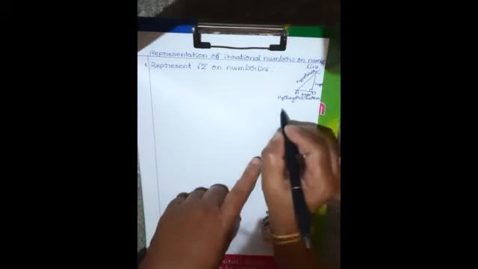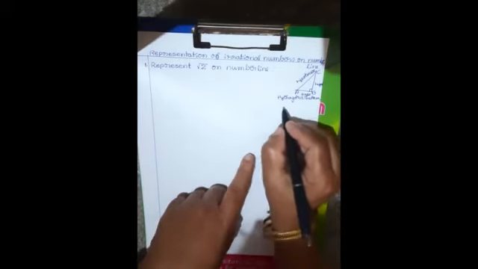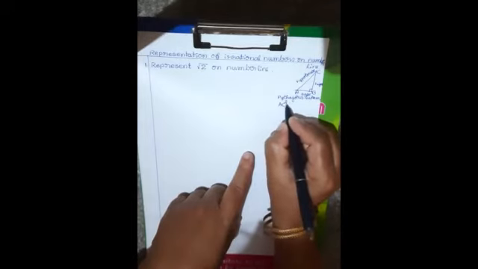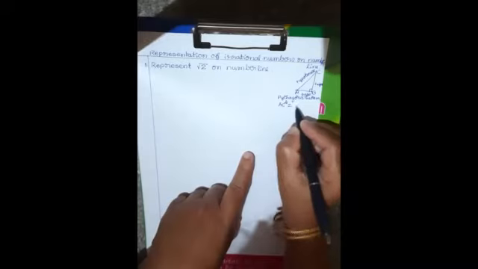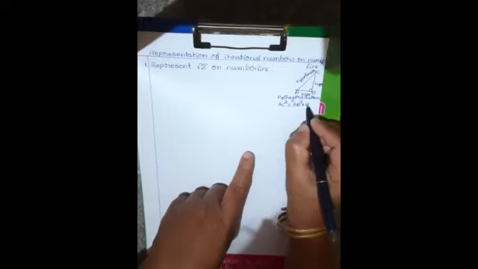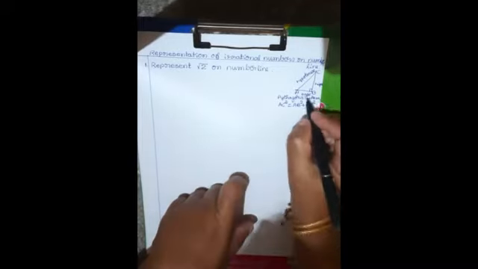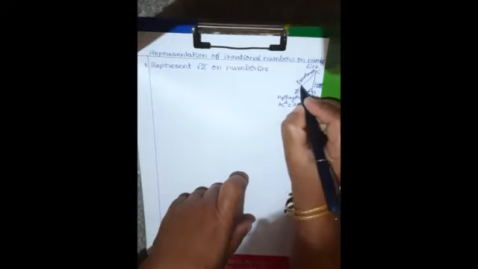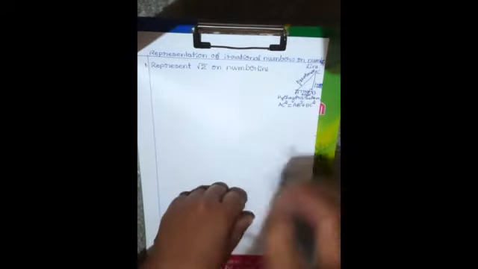So, according to Pythagoras theorem, what does it say? The square of the hypotenuse AC square is equal to the sum of the squares of the other two sides, AB square plus BC square. Suppose AB is equal to 1 unit and height BC is equal to 1 unit, then what about hypotenuse AC?